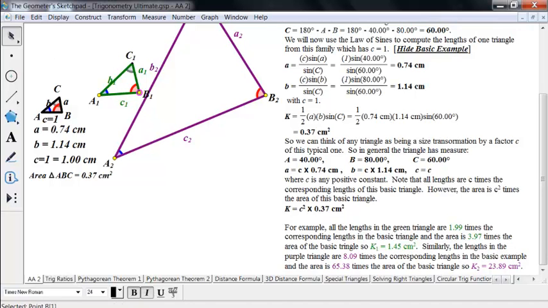And so you see that the length here is roughly twice as big for all the lengths. Whatever this C was here was 1, and this is actually about 2 here. And whatever A is here, about 0.74, the A1 here is about twice as big, so about 1.4, 1.5, something like that. So all the lengths are twice as big, but the area is 4 times as big. The area here is 0.37, and 4 times that is what we get up here. And so you can kind of see that here.